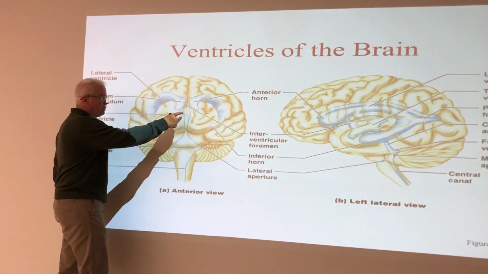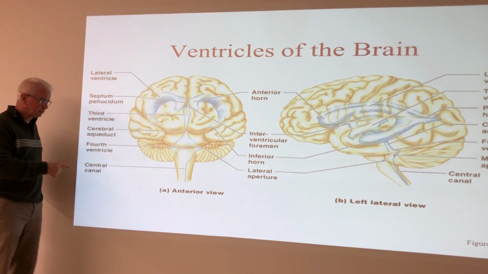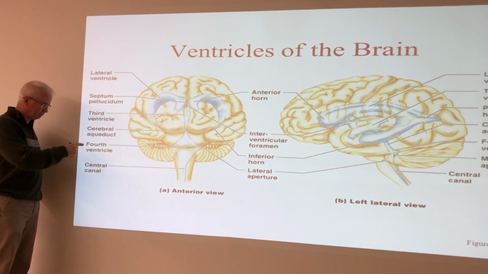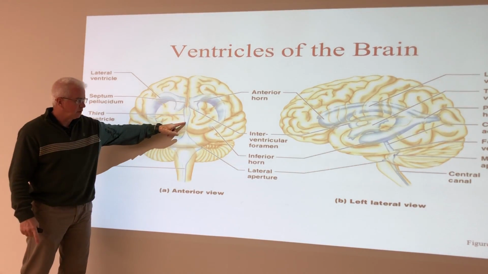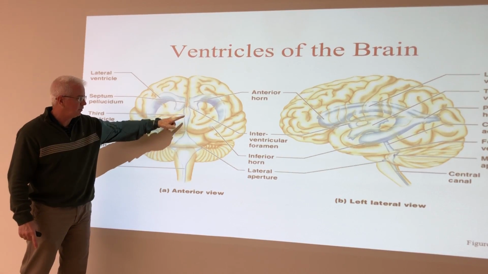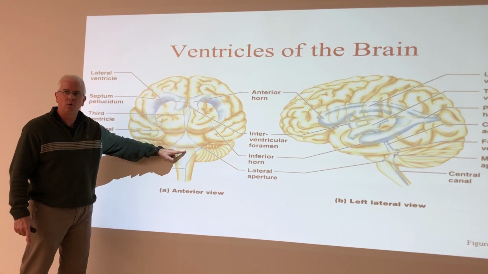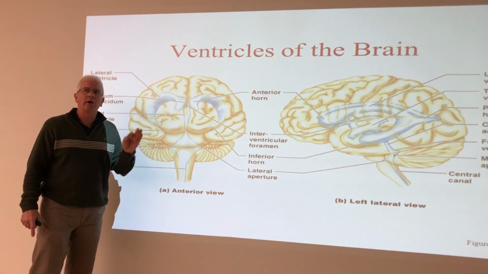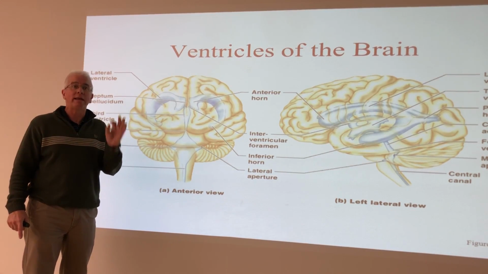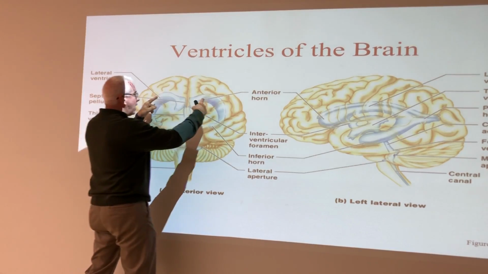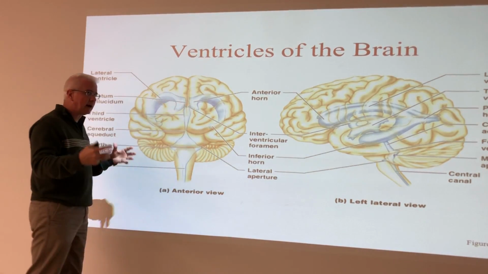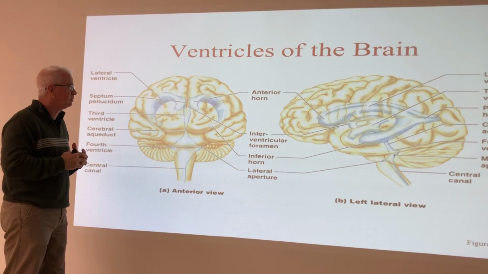The fluid in the third ventricle then makes its way through the midbrain, through a duct called the cerebral aqueduct. The cerebral aqueduct then connects the fluid in the third ventricle to the fluid in the fourth ventricle. So there are connecting pieces for each of the four ventricles. The two lateral ventricles are the big ones at the top, the big apostrophes in the cerebral hemisphere.